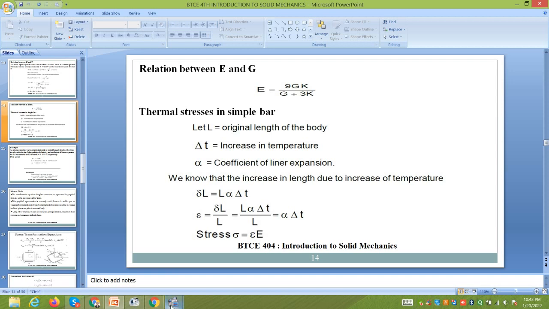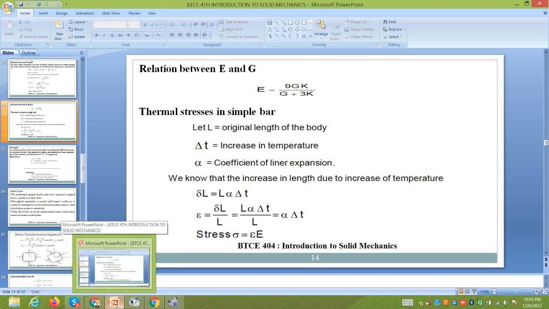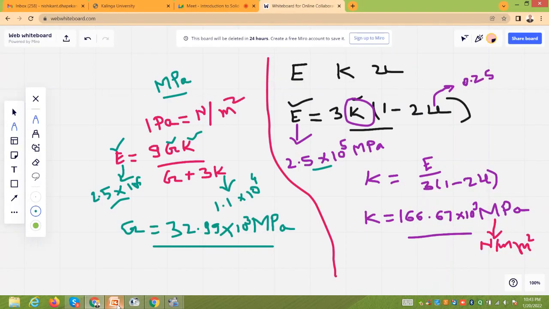I hope it's clear to all of you, the relationship between all moduli of elasticity and how to calculate any parameter, either Poisson's ratio or any modulus of elasticity out of 3.